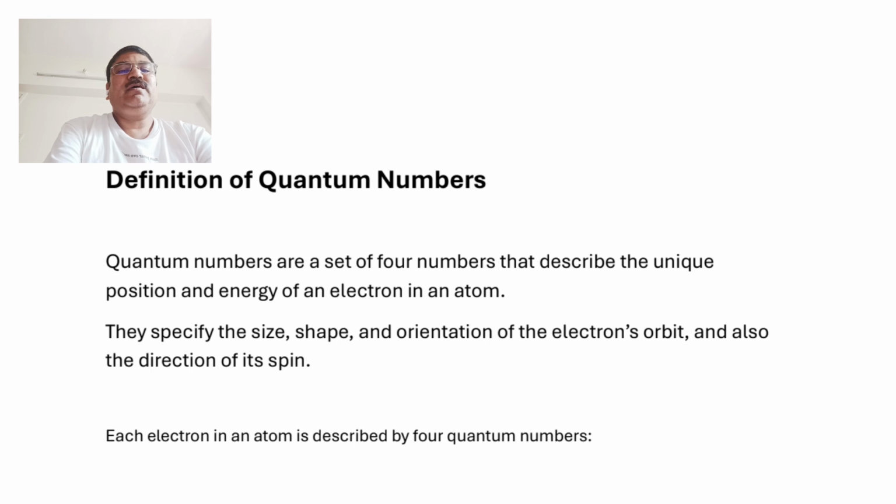So very simply we can define quantum numbers as a set of four numbers which explain the unique position and energy level of an electron present in the atom. So this is the definition of quantum number.